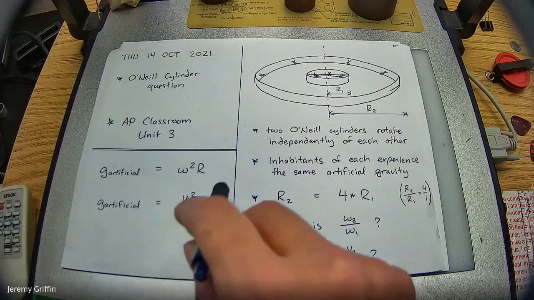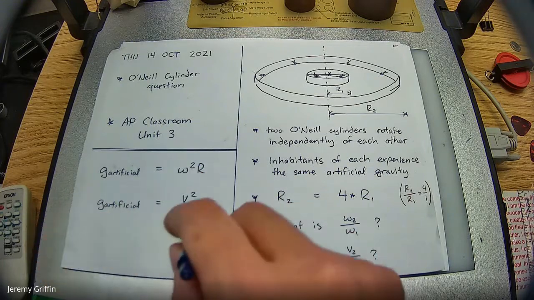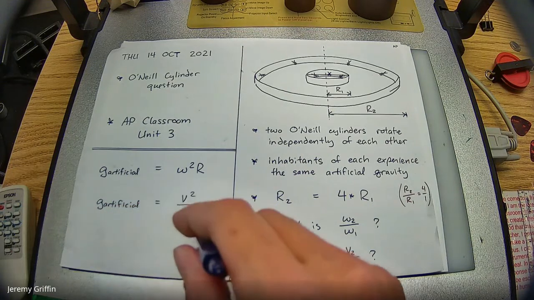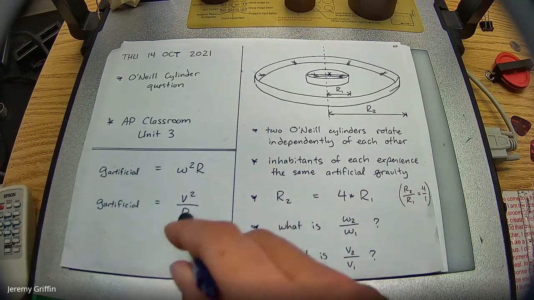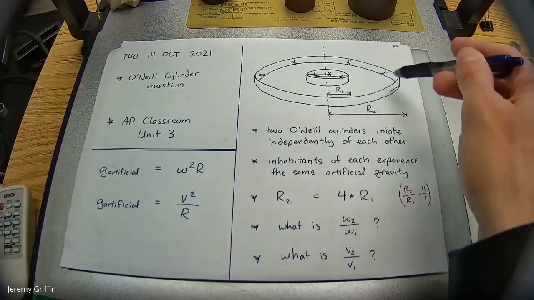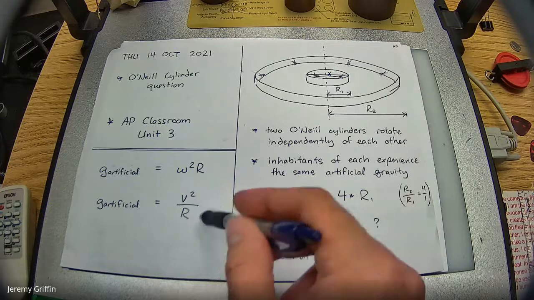You guys remember in your lab a week or 2 back, you figured out that centripetal force was mv squared over r, divided by m, so centripetal acceleration is v squared over r. That would be the apparent gravity, artificial gravity from motion like this.